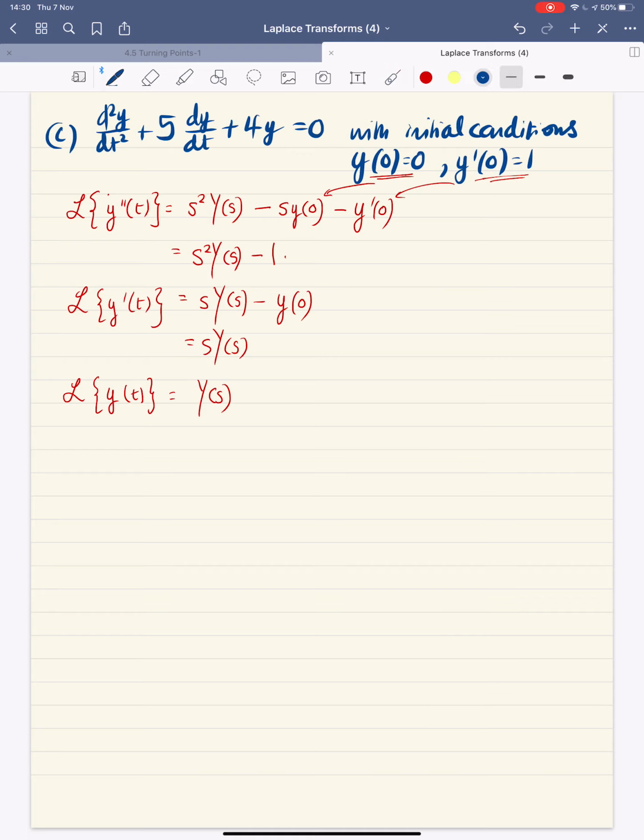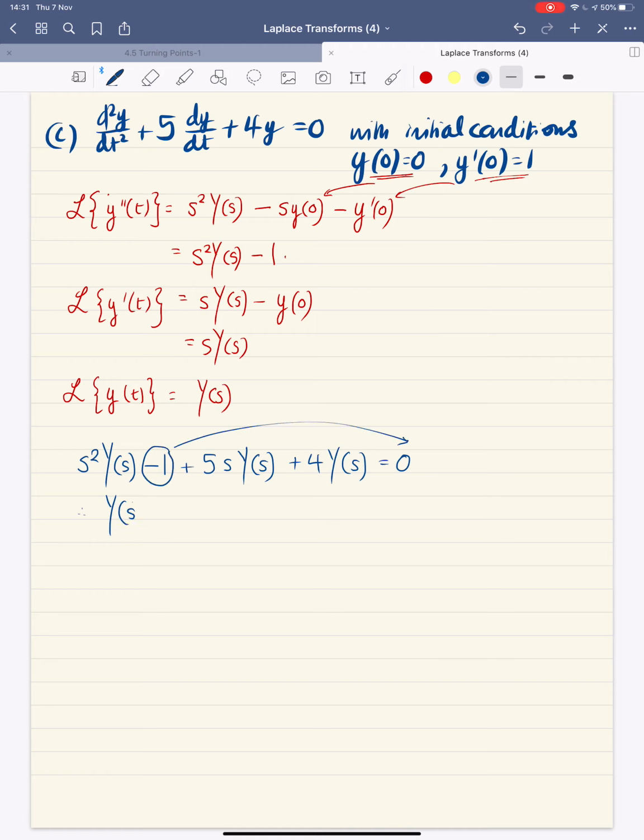Okay, so substitute all this in. S squared y of s minus 1 plus 5s y of s plus 4 y of s equals 0. So I was just thinking we've got a 0 on that side, but this minus 1 will go over there, so I'm happy again.